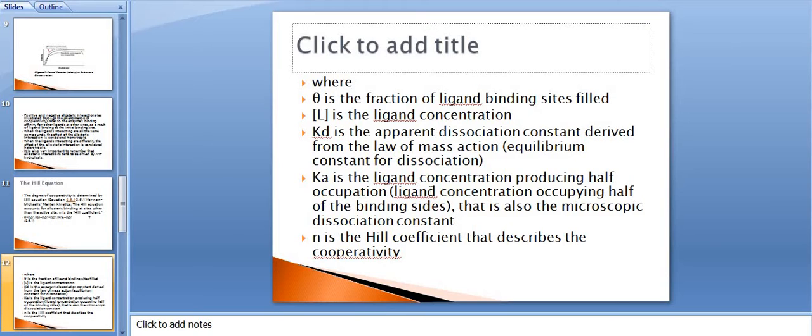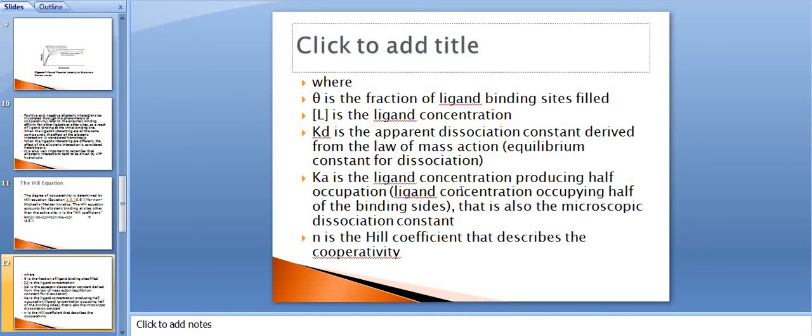K^n, where K is the ligand concentration producing half occupation, that means the ligand concentration occupying half of the binding sites, okay. That is also the microscopic dissociation constant K. And n is the Hill coefficient, as we know, that describes the cooperativity.